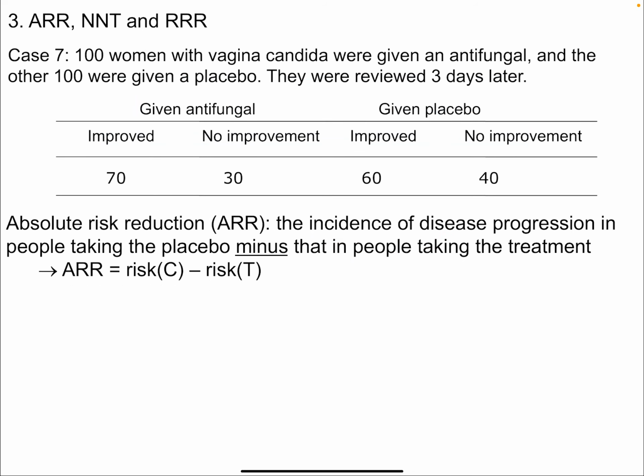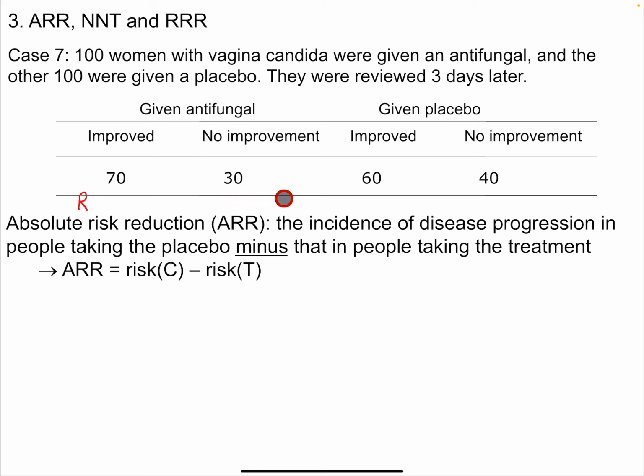This is a cohort study. 100 women with vaginal candida were given an antifungal, and the other 100 were given a placebo. They were reviewed 3 days later. Here are the results. The risk of the treatment group in having the disease is 30 over 100.